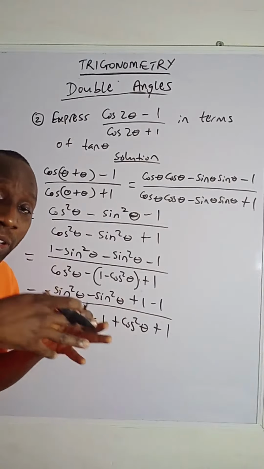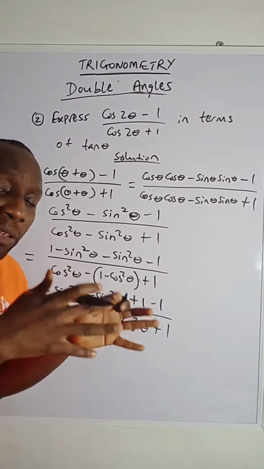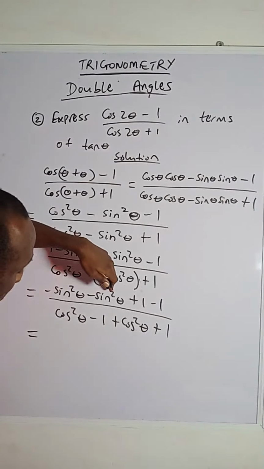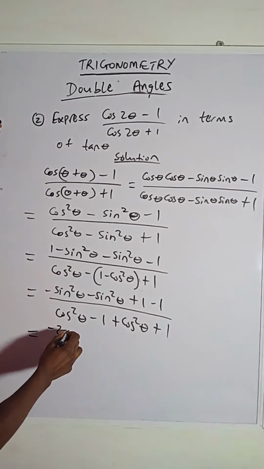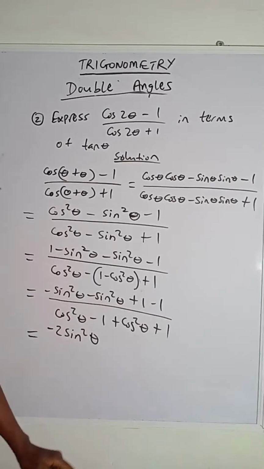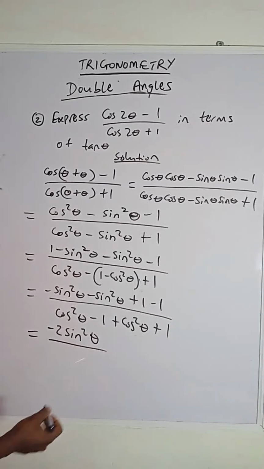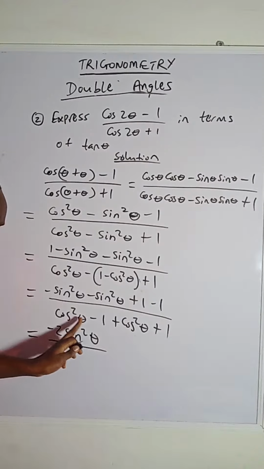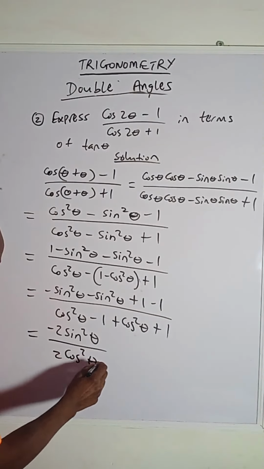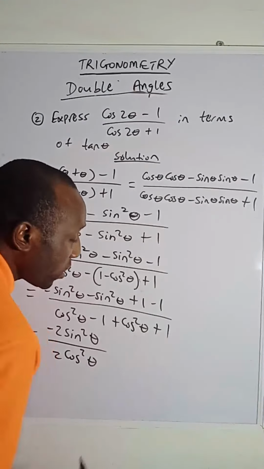It's just like saying what is minus x minus x. Minus x minus x is minus 2x. So minus sine square theta minus sine square theta is minus 2 sine square theta. Plus 1 minus 1 is 0. So you have this divided by cos square theta plus cos square theta, which is 2 cos square theta.